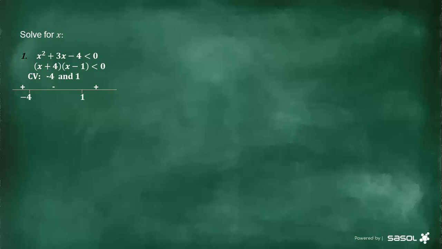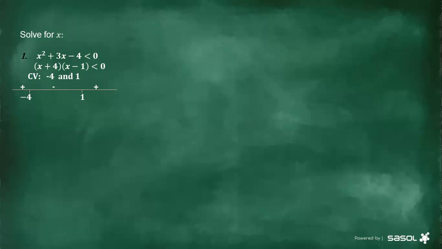All right. Now, the reason why I put positive next to -4, and then negative between -4 and 1, and positive that side, is simply saying that if you take any value after this -4 on the left hand side, -5, -6, any value, and substitute where you see x here, the answer we're going to get is positive.